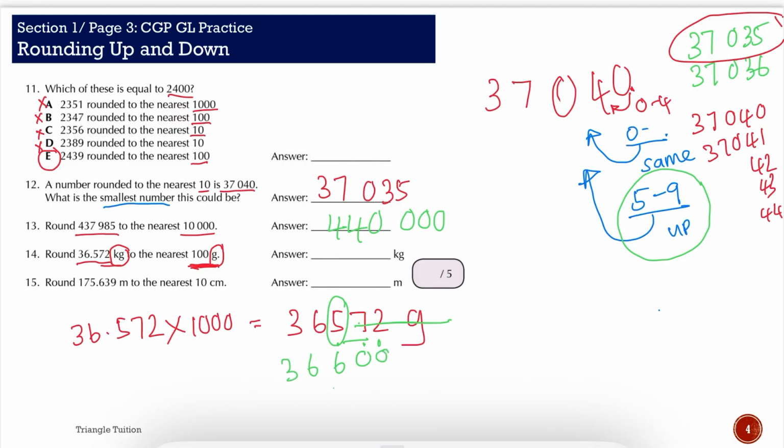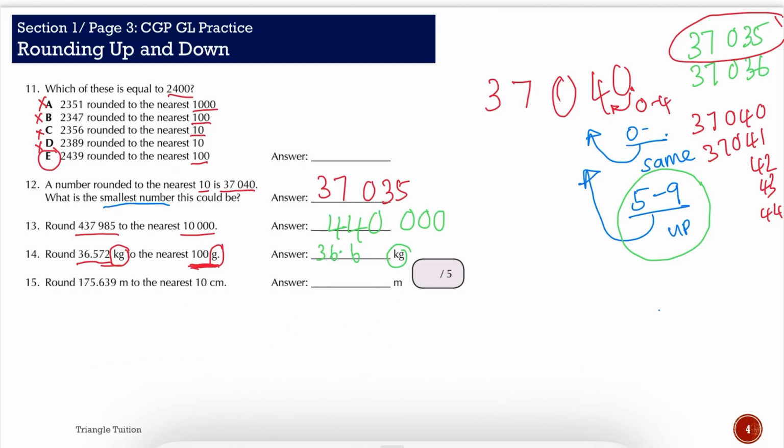So the answer is 36,600 gram. But they gave the answer in kilogram, so we need to divide by 1000. So the answer is 36.6 kilograms.